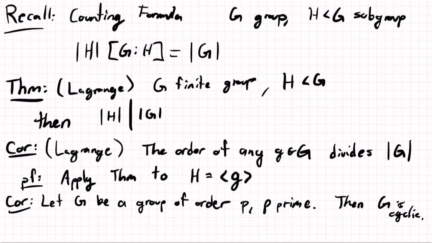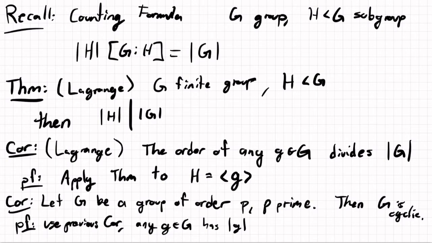The proof uses the previous corollary, which tells us that for any g in G, the order of g has to divide p, so it equals 1 or it equals p.